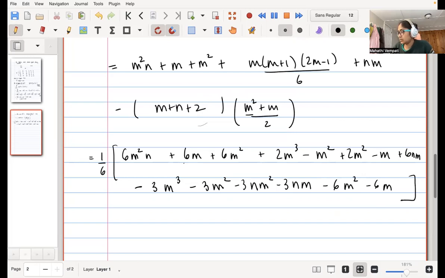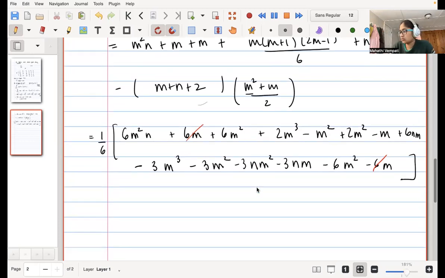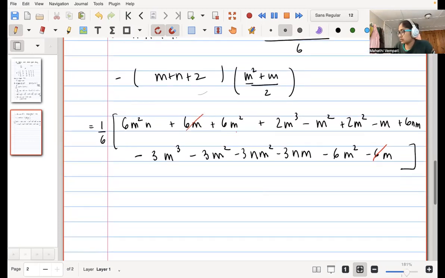Okay, cancellations here become 6m minus 6m, 3nm square, three m cubed, 2m cubed, any other m cubed?